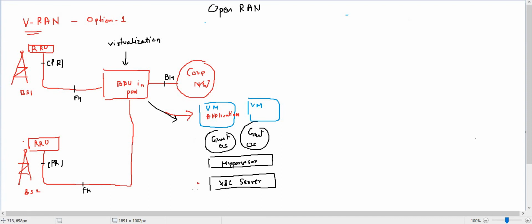So we remove the dedicated hardware and install this x86 server. This is how virtualization is introduced in centralized RAN or cloud RAN.